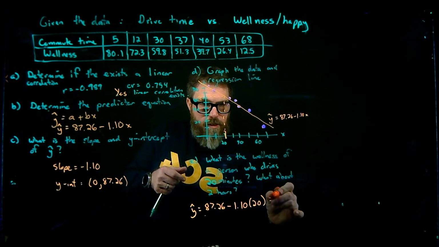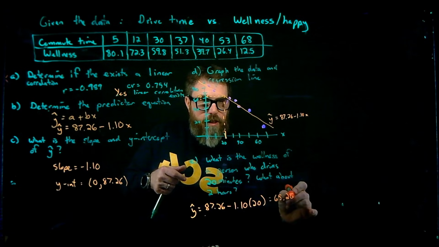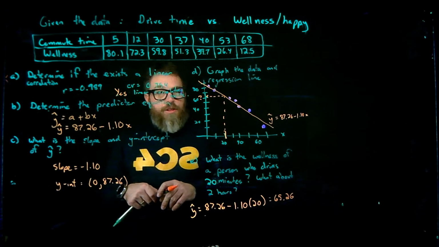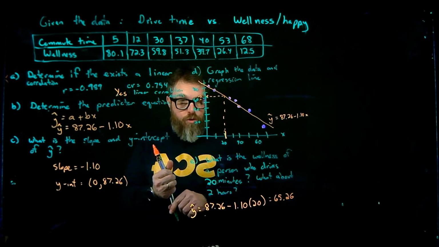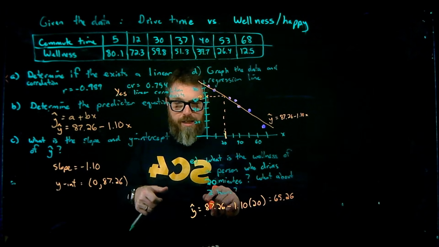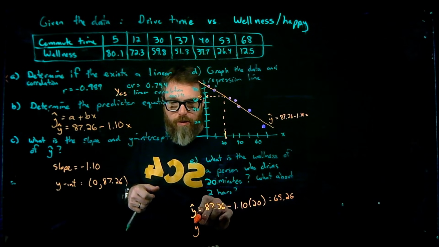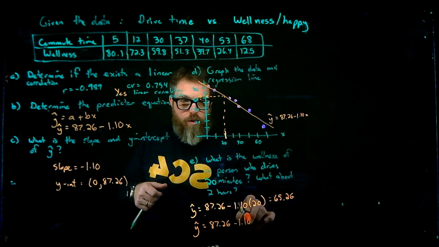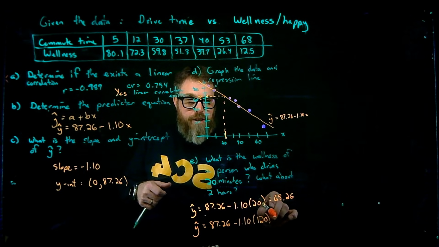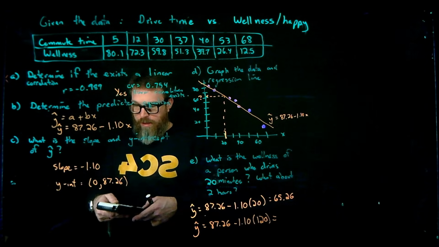So this is 65.26. Now the last question says, what about 2 hours? Remember, 2 hours is going to be 120 minutes. So this is kind of an important one I wanted to talk about. If I go 87.26 minus 1.10 times 120, well, what would actually happen here?